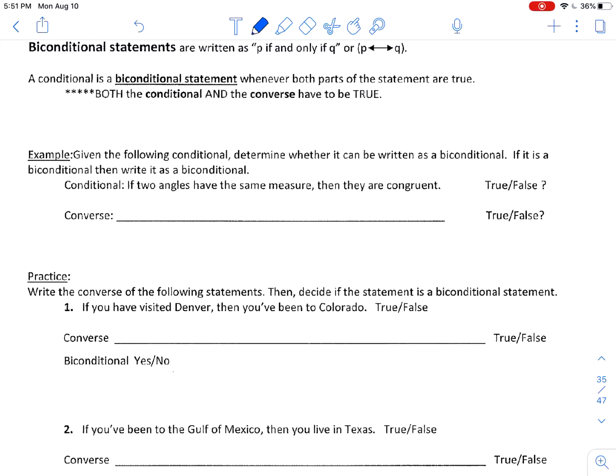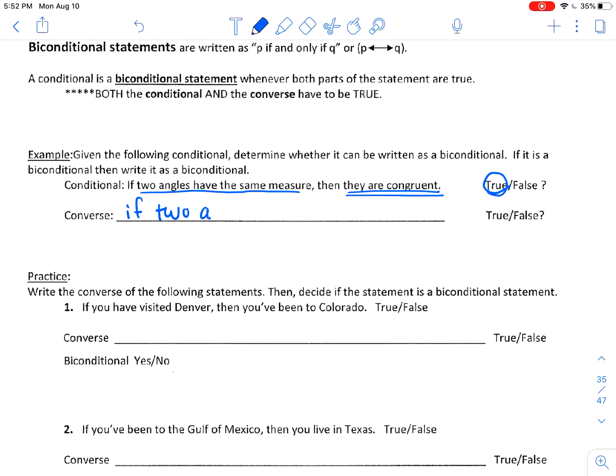So our conditional statement: if 2 angles have the same measure, then they are congruent. There's our hypothesis and conclusion. Is it true or false? Well, if 2 angles have the same measure, they are congruent. That's true. So let's write the converse. Converse, we switch.